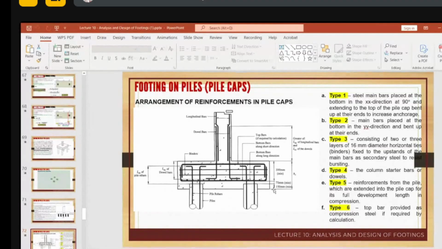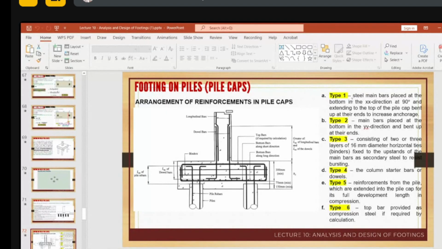Then 150 mm from the top of the piles to the concrete at the bottom portion of our pile cap. Then 75 mm to the main reinforcement. So this is the cross section of a footing on piles.